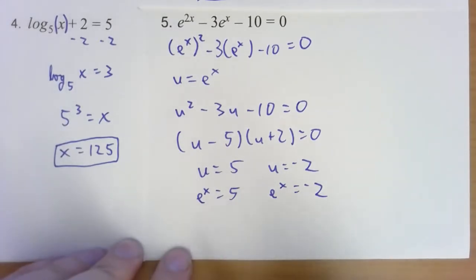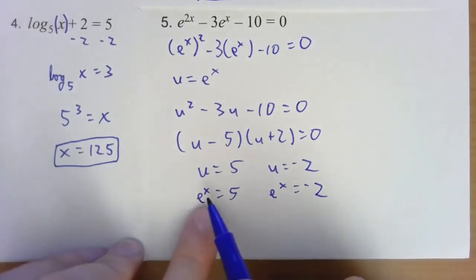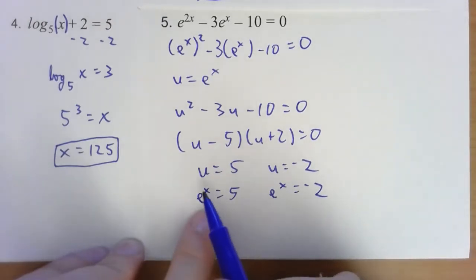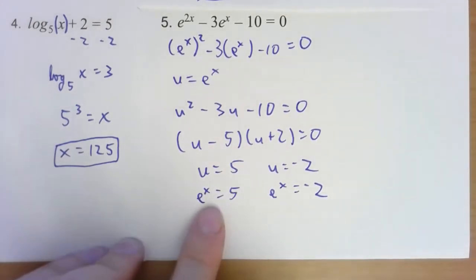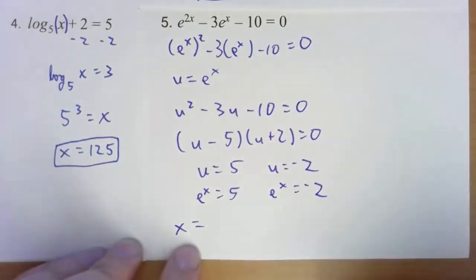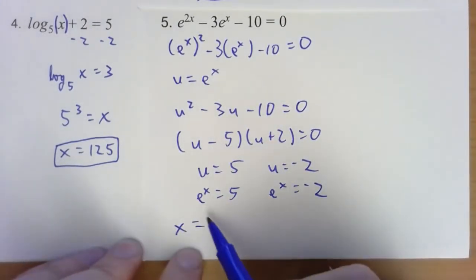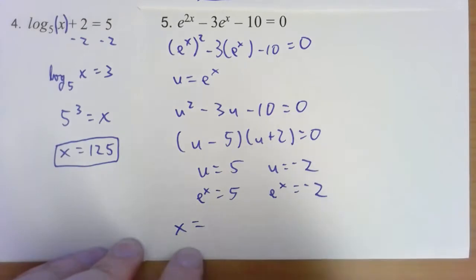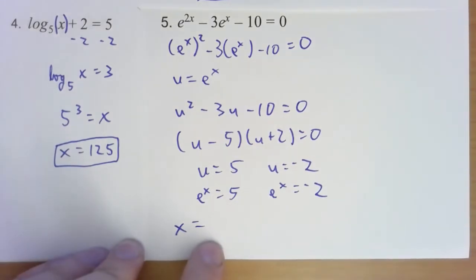We've got to get this to be x equals. So we're trying to find an exponent, an unknown exponent there. If only we knew something that had been invented to find exponents. That's logs, right? So we're going to switch this to a logarithm. Now it would be log base e, but remember in our final answers, we never want to write log base e.